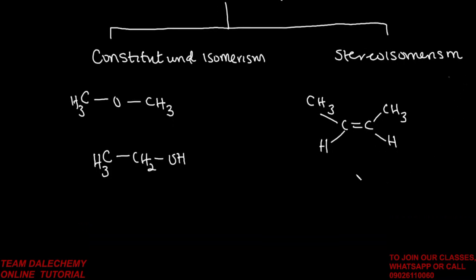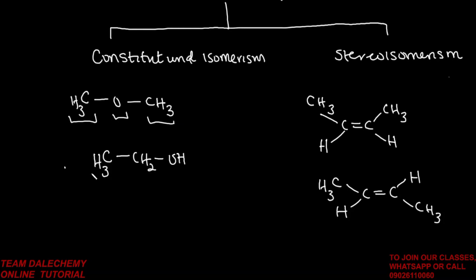And the second one, CH3, C, hydrogen, CH3, and hydrogen. When you consider these two compounds over here, you will see that they don't have the same bonding sequence. That is, the atoms are not connected the same way. The CH3 group over here is bonded to oxygen, and the oxygen is also bonded to another CH3. Whereas here, the CH3 is bonded to CH2, so they don't have the same bonding sequence. So this is a typical example of constitutional isomers because they are not bonded the same way.